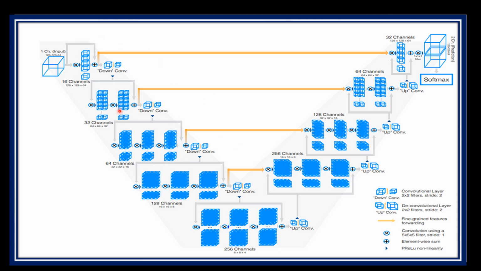Now this VNet architecture consists of a contracting path, that is the encoder, and an expansive path, that is the decoder, similar to the UNet design. The contracting path captures the high level features by progressively downsampling the input, while the expansive path reconstructs the spatial information by upsampling the feature maps.